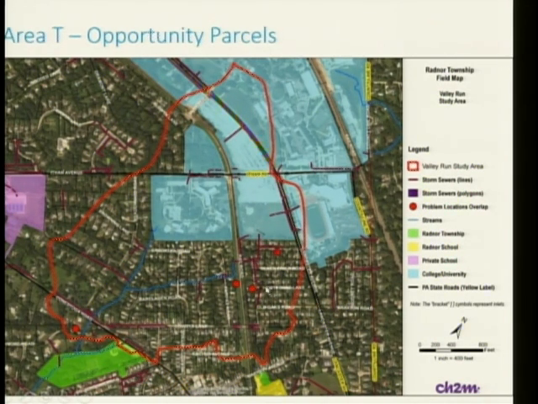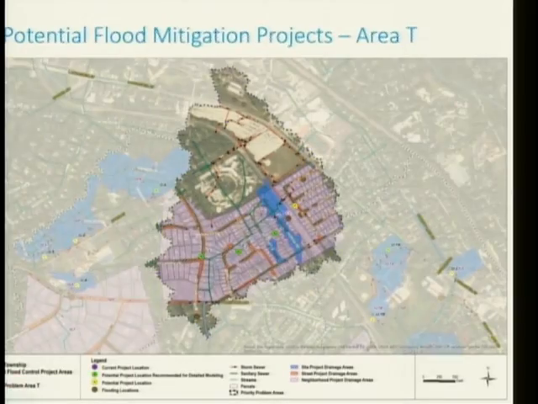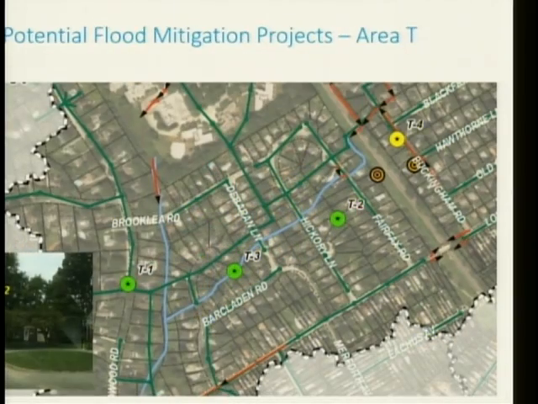You can see here the problem areas that were documented and modeled. So these are the ones that we had looked at. Let me just zoom in. So again, most of these dots really just represent general locations, because here we're talking about more distributed types of systems.